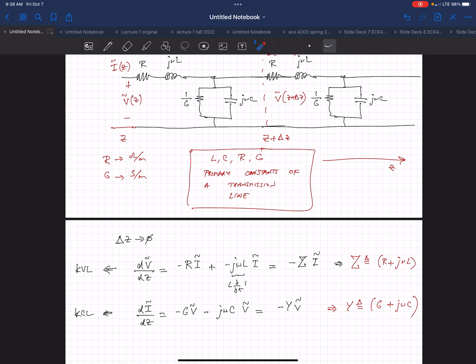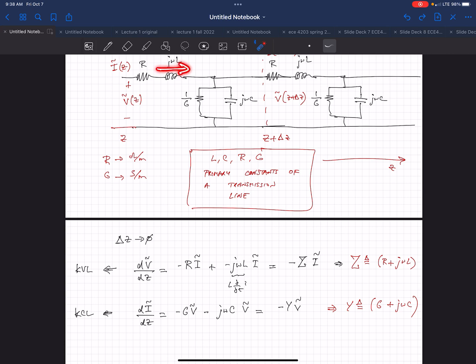So it says I have a current going this way, that guy, and I have a current going this way, that's this guy. So the difference between the current coming in and the current going out, that's this delta dI dz.